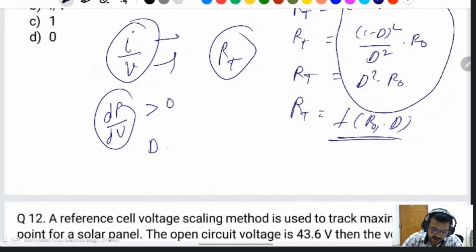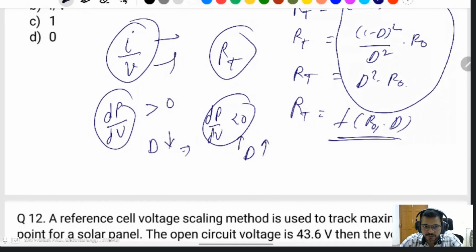Then simply decrease the duty cycle continuously, until dP by dV is less than 0. If dP by dV is less than 0, then the duty cycle should increase. Simple phenomenon. Sense the current and voltage, calculate the power by V into I, then check dP by dV: greater than 0, then duty cycle reduces; less than 0, then duty cycle increases.